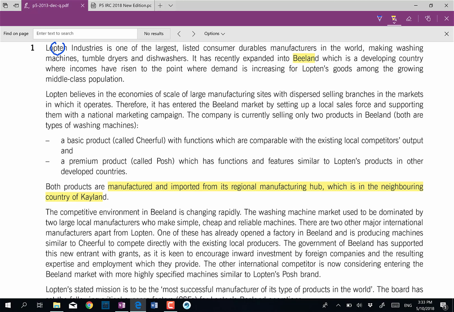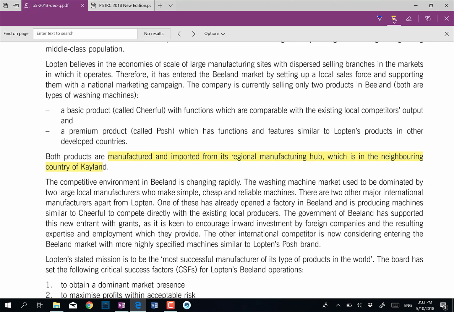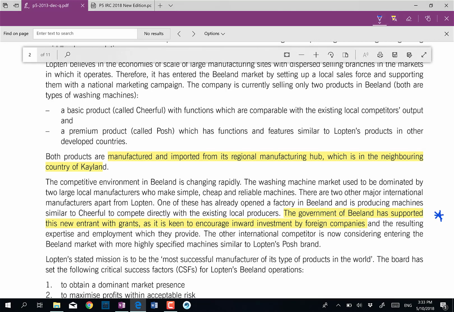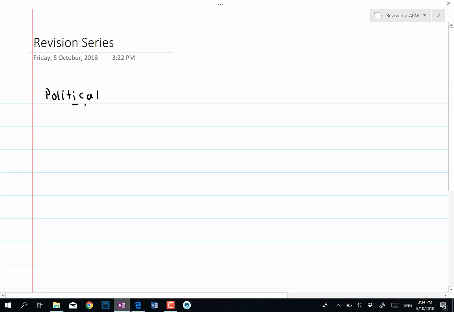Along the way, if you read through the question requirement, we notice that the government of Beeland has supported this new entrant with a grant and is keen to encourage inward investment by foreign companies. So this is a political factor. Based on my review of students' past answers, I noticed that a lot of students are able to identify this part.